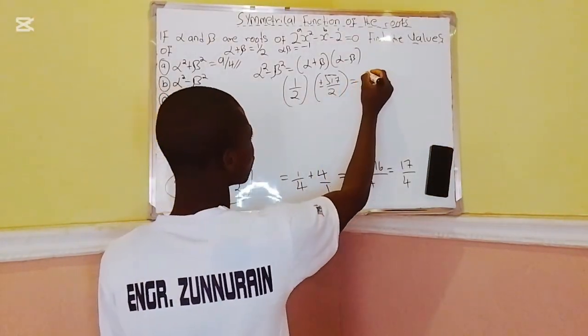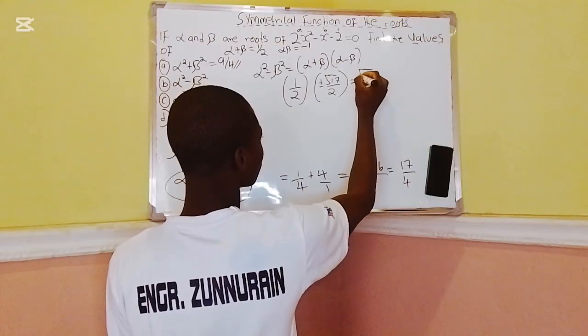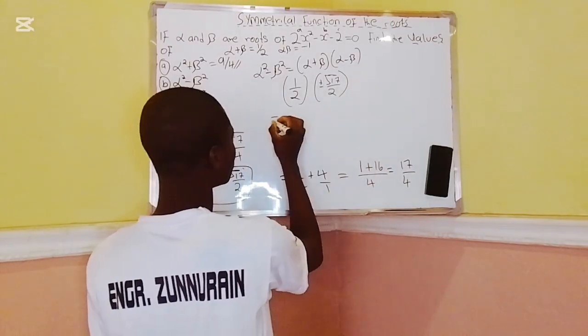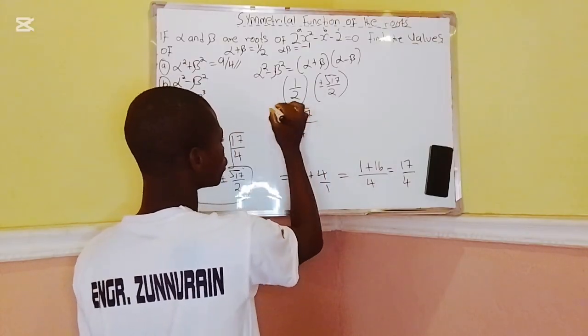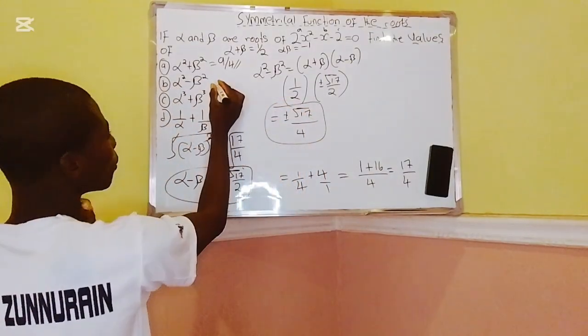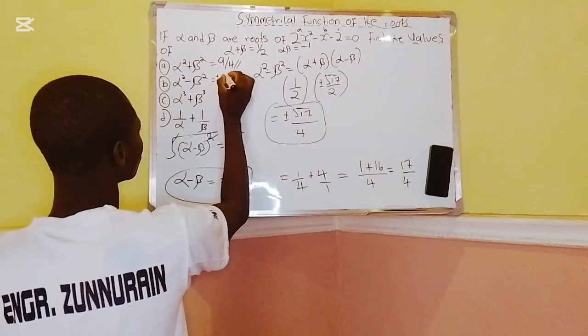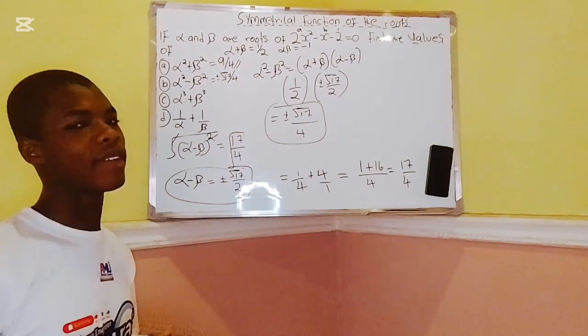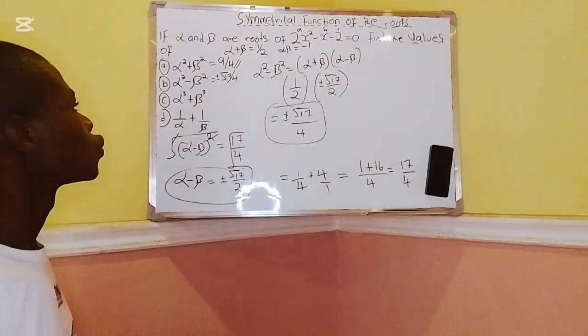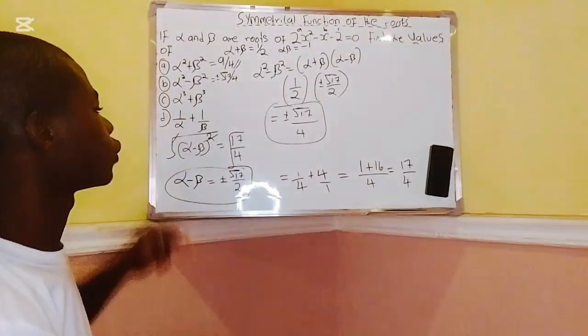It will be equal to plus or minus root of 17, and 2 times 2 is 4. So therefore, the value of this will be equal to plus or minus root of 17 divided by 4. So this is all for the second question.